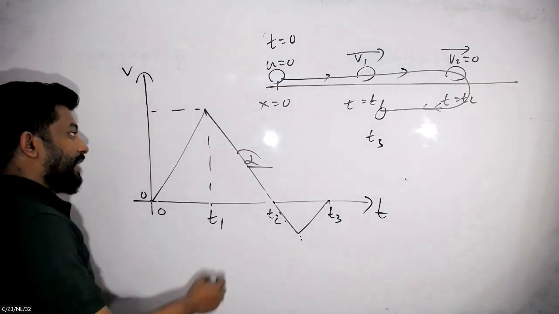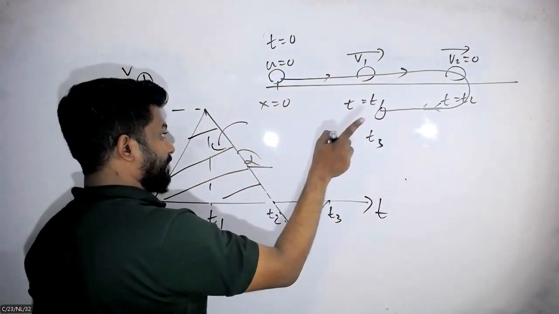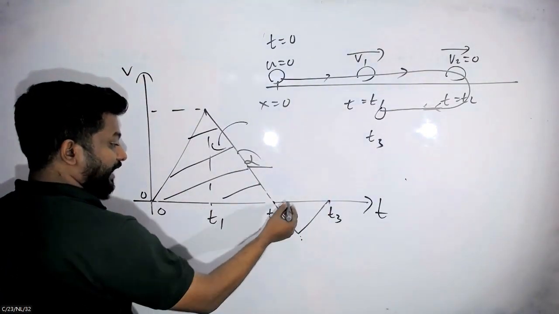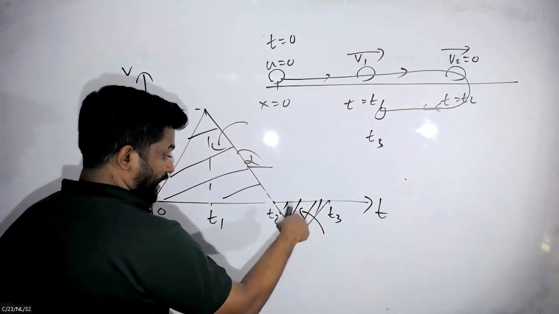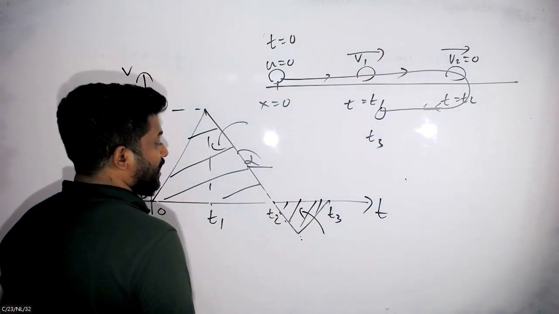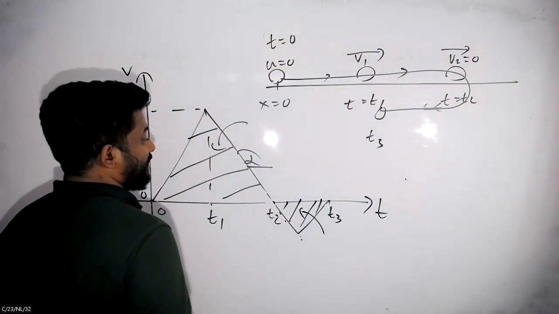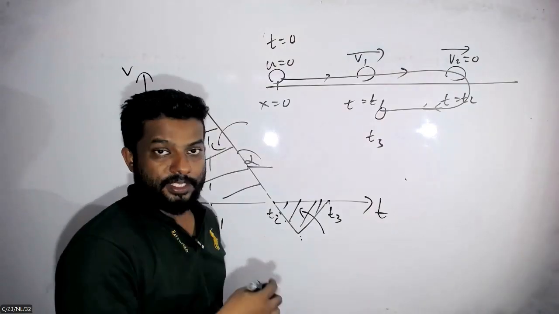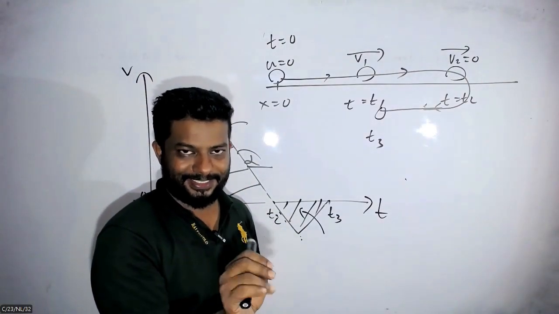Here you can observe that this area represents the distance traveled towards the positive direction, that means towards the right side. This negative area represents the distance traveled by the object towards the left side due to negative velocities. Here you can observe that this positive area is greater than negative area. Therefore, finally, this object should have positive displacement, right?